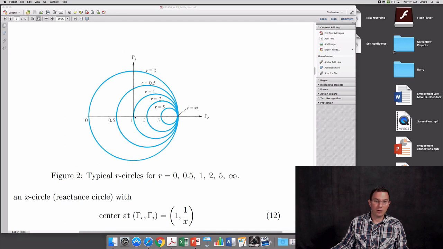The center of the r equals 1 circle is somewhere in here, etc. So the center of the circle moves to the right, and as you increase the load resistance, the radius of the circle shrinks down all the way to this point right here that corresponds to little r equals infinity. That is an open circuit. So this circle right here, the unit circle, corresponds to a short-circuited load. That point corresponds to an open circuit load.